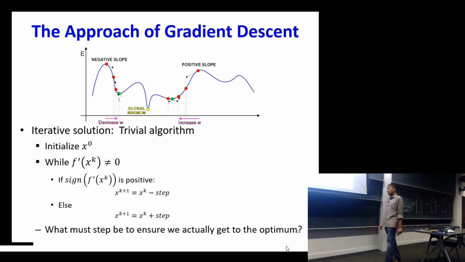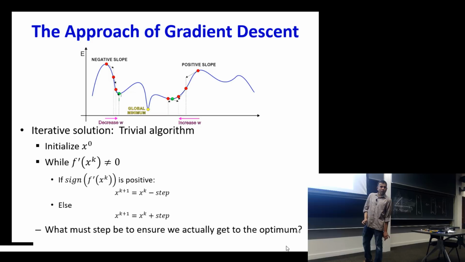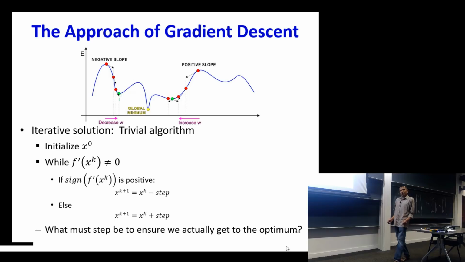So here is a trivial algorithm. I could start off with some x0, check the derivative, and while it's not 0, if you start off at a point where the derivative is 0, you're screwed, because you can't really know whether you're minimizing the function or maximizing the function. So where you really want to start off is where the derivative is not already 0.